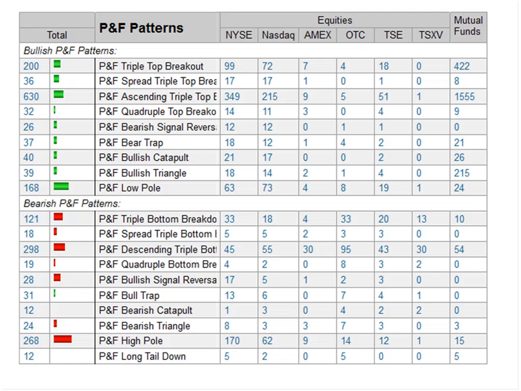And here is, let's see. This is the scanning feature within stockcharts.com, and you could see they actually have a whole set of point and figure patterns that you could scan for. Today we're going to talk about the triple bottom breakout and the triple top breakout.